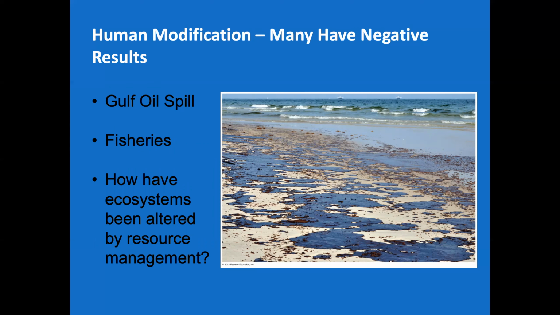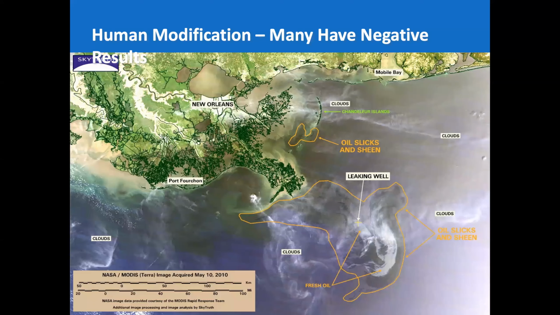But when so much of it is dumped, nature can't keep up with it, essentially. And here's New Orleans, Mississippi River Delta. This is where the leaking well was. And this is the sheen that the oil basically produced atop the Gulf of Mexico.